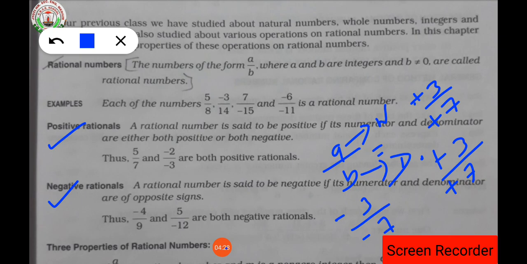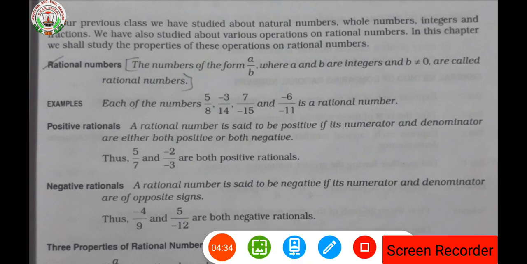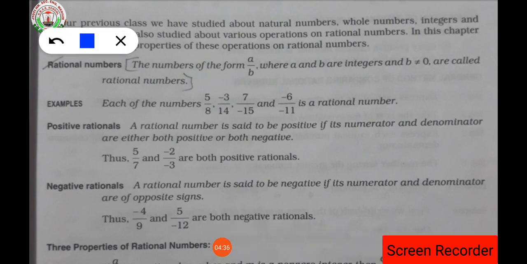Now you will ask me, teacher, it is a negative number, so how can we consider it a positive rational number? For that, dear students, I will explain. See, we have minus 3 and minus 7, isn't it? The minus sign is present in the numerator. 3 is the numerator and 7 is the denominator, isn't it?